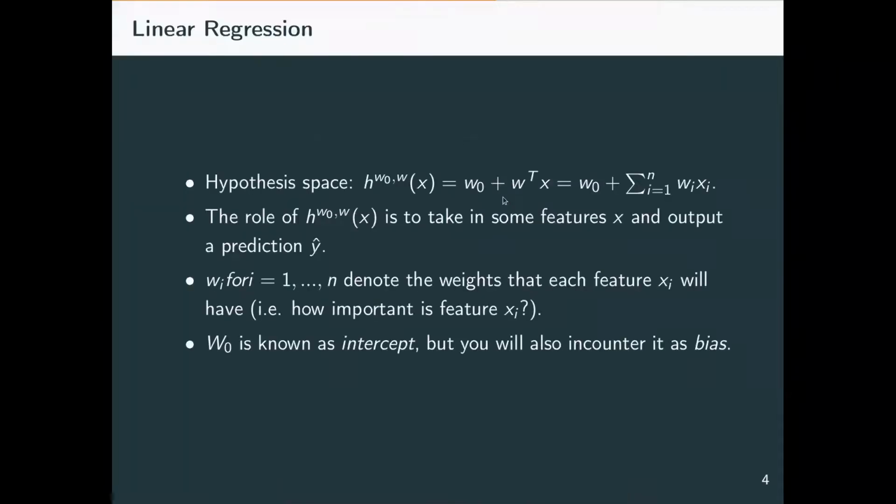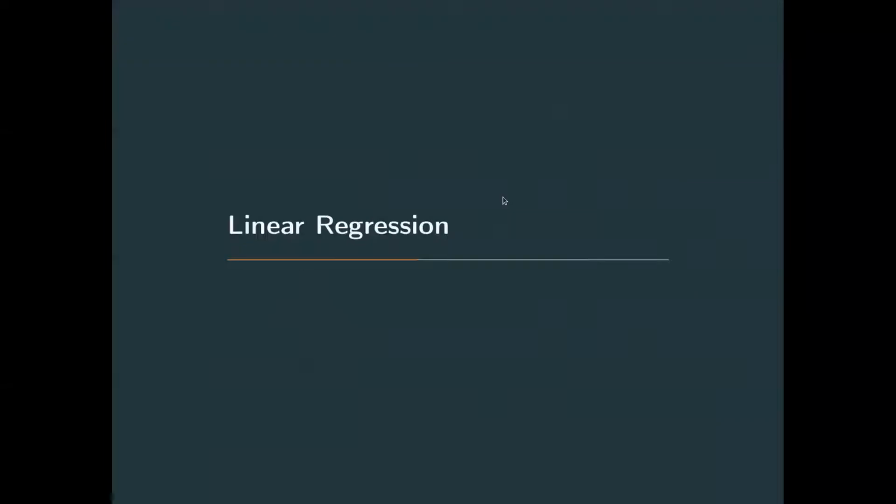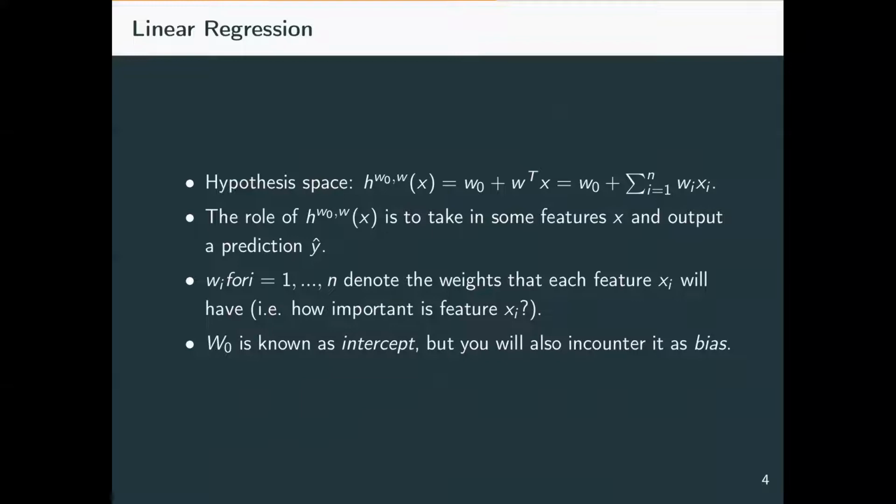Okay, let's go to the contents of this round. So what is linear regression? It's a subproblem of regression problems, and the hypothesis space is a linear combination of the features x and some weights w.